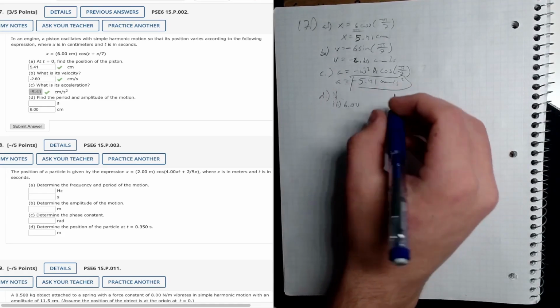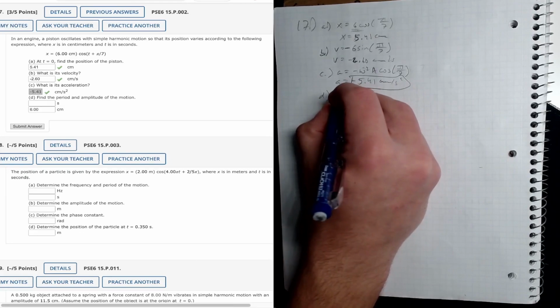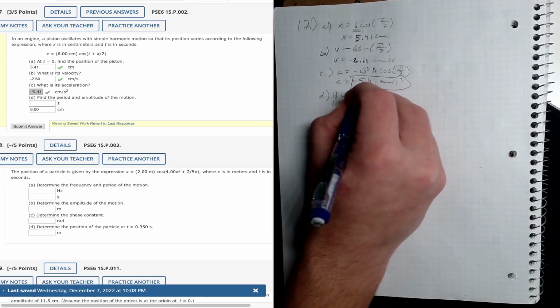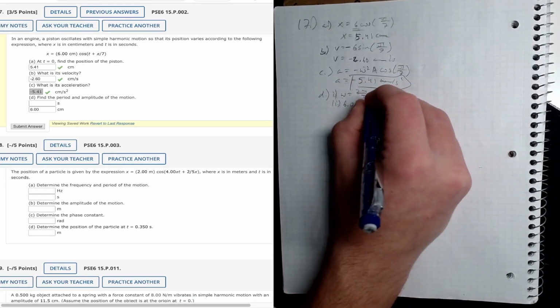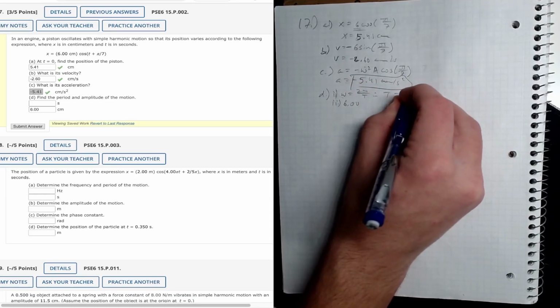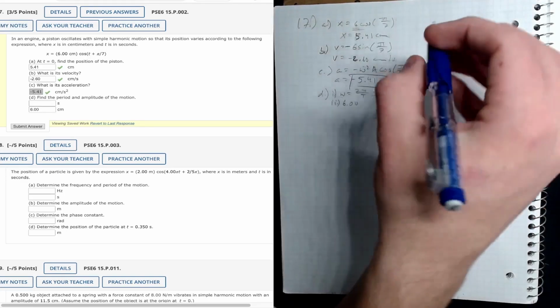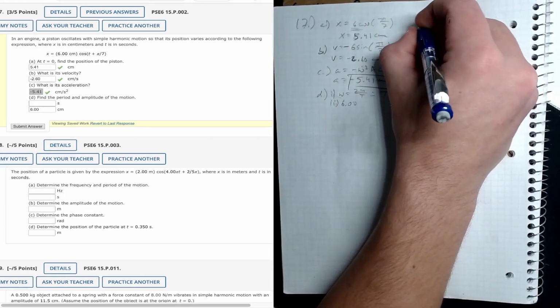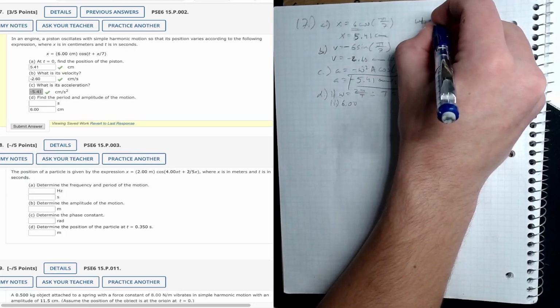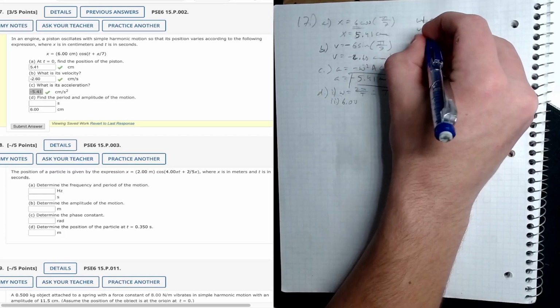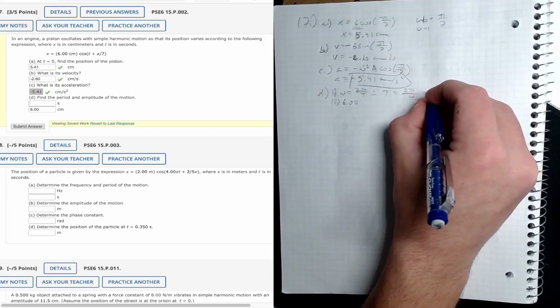And then the period. w equals 2 pi over T, period. Therefore, period equals 2 pi over w. In this case, our argument is wt plus pi over 7, and this is just t, so we can assume that w equals 1, so 2 pi over w is 2 pi.